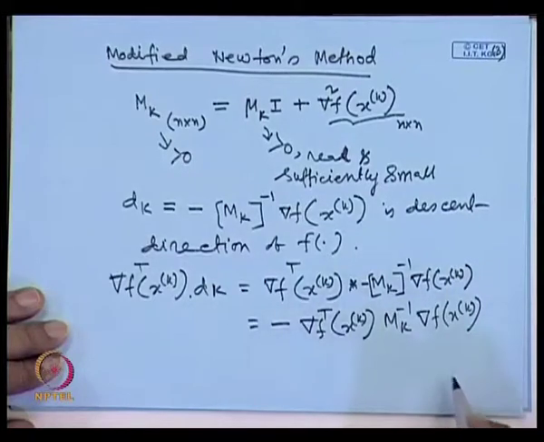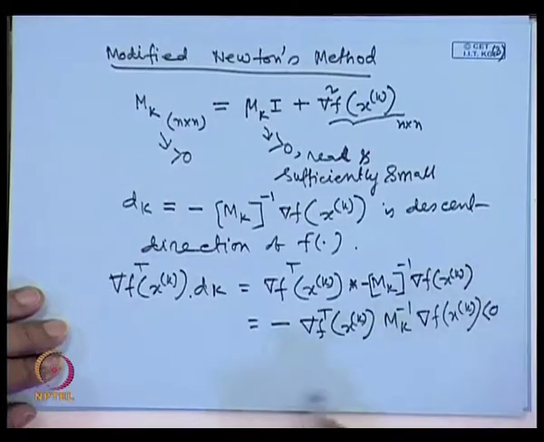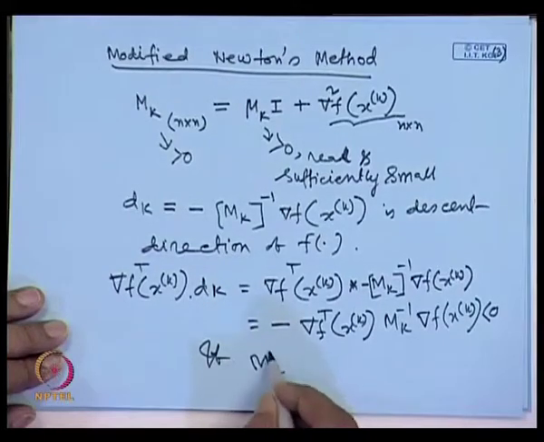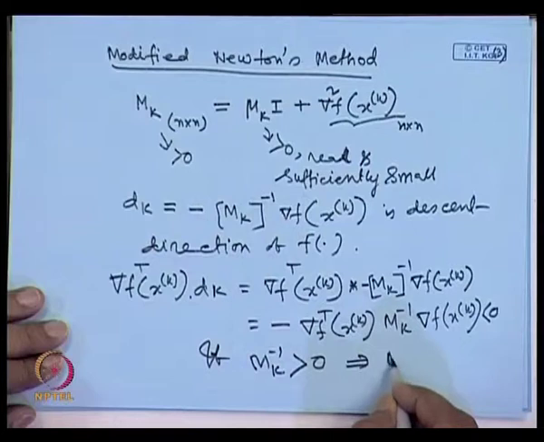That quantity will be less than 0, means negative, if M k inverse is a positive quantity, because it is preceded with minus.